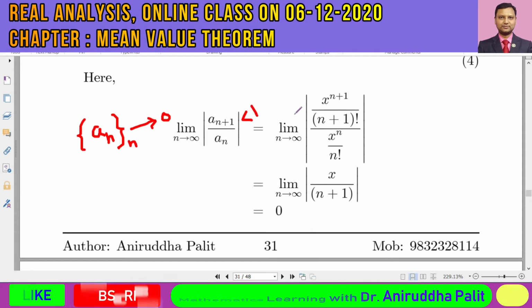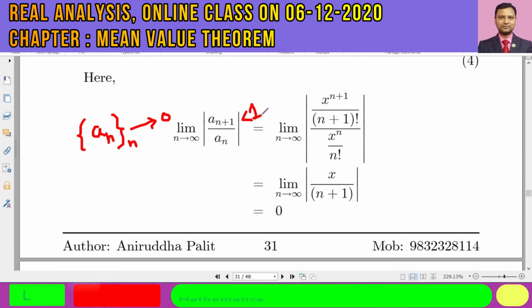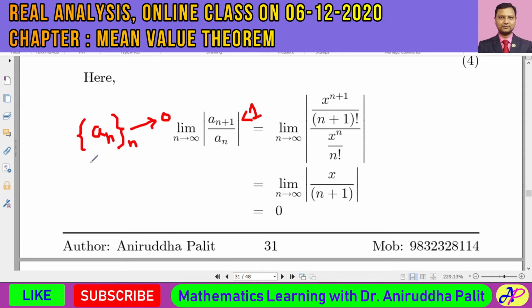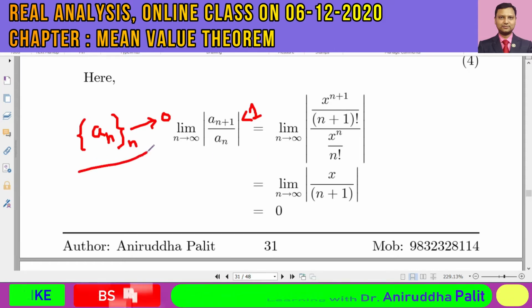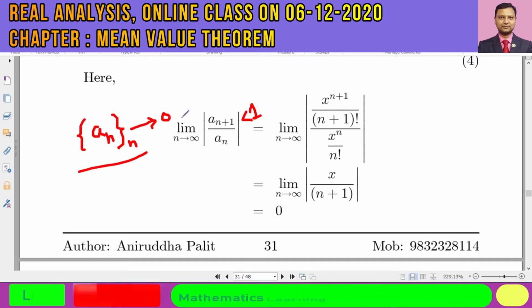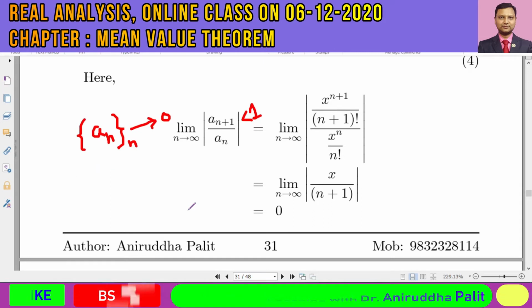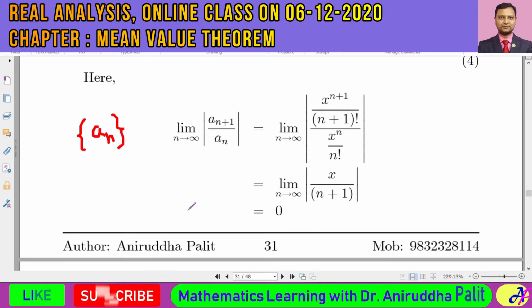Okay, if this quantity is less than 1, then we can prove that this sequence an tends to 0 as n tends to infinity. So it is about null sequence, this kind of sequence which are tending to 0 as n tending to infinity. This kind of sequences are called null sequences. So we shall mostly try to use this result over here.